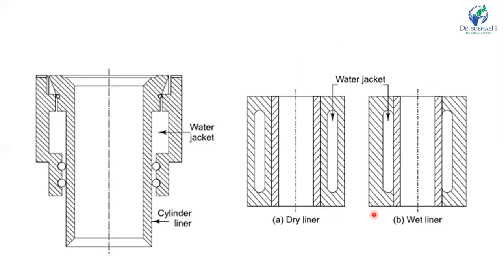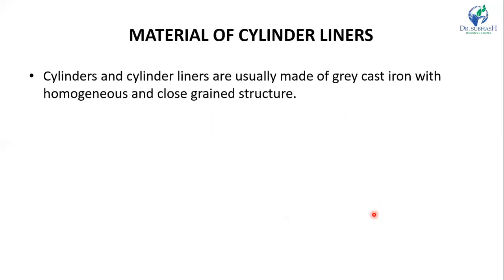The cylinder liners are made of good quality close grain cast iron, that is pearlitic cast iron, nickel cast iron, nickel chromium cast iron. In some cases nickel chromium cast steel with molybdenum may be used. The inner surface of the liner should be properly heat treated in order to obtain a hard surface to reduce wear.